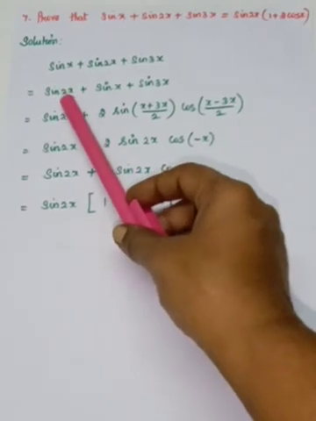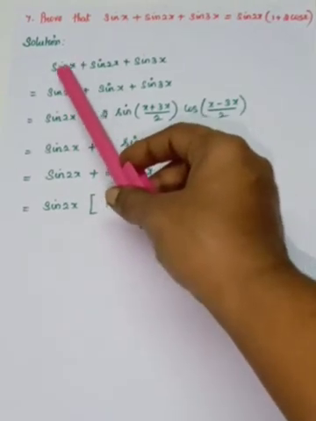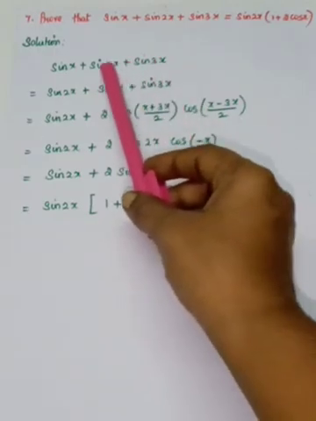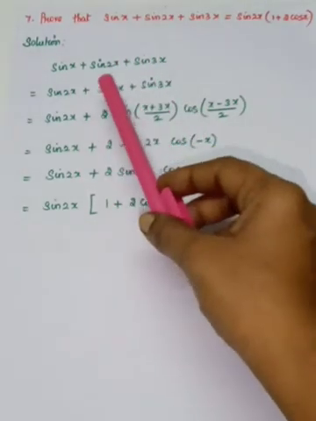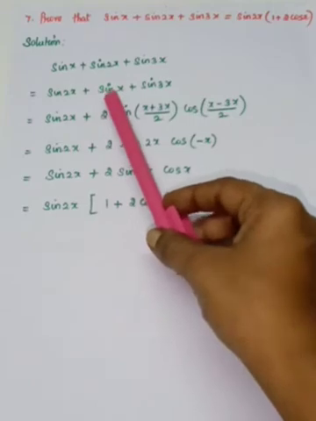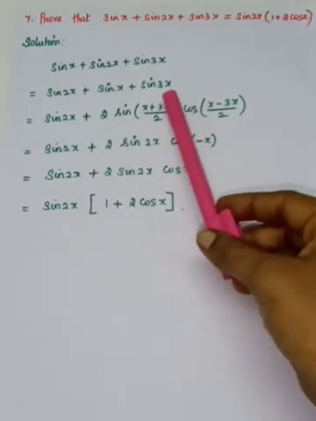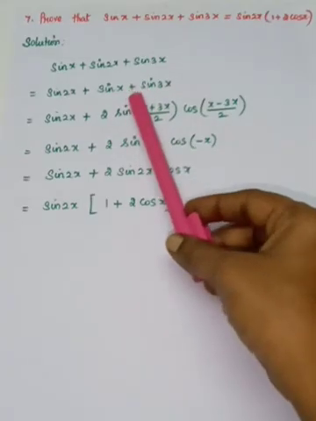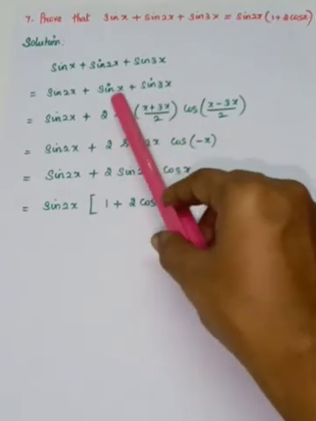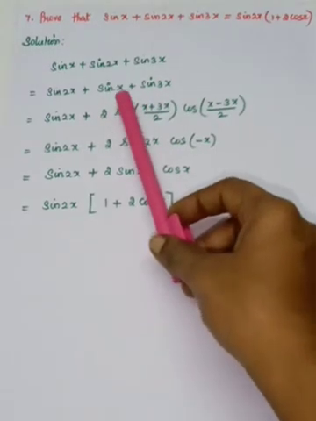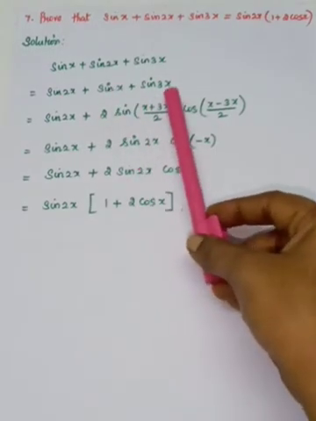I kept the sin 2x as it is and I am going to add sin x and sin 3x. So you take these two terms. It is in the form of sin C plus sin D. Otherwise they are in the plus, so you can take this is C and this is D. Anything you can take. So I have taken x is C and 3x is D.